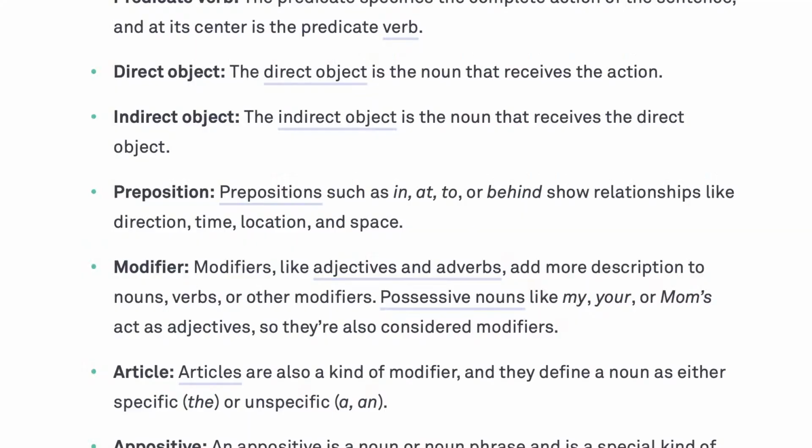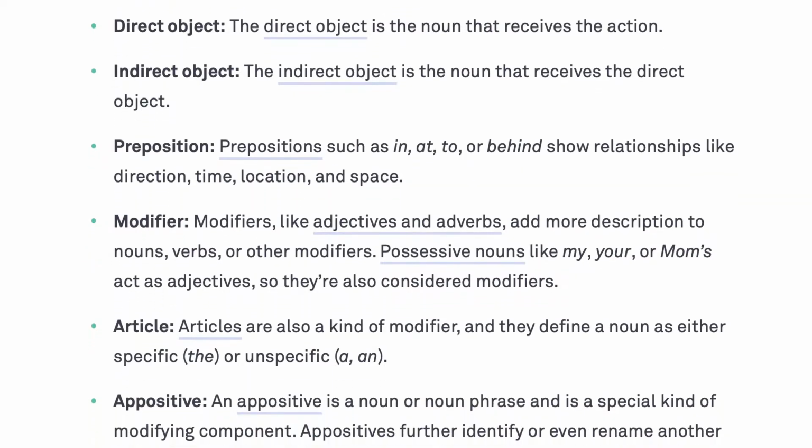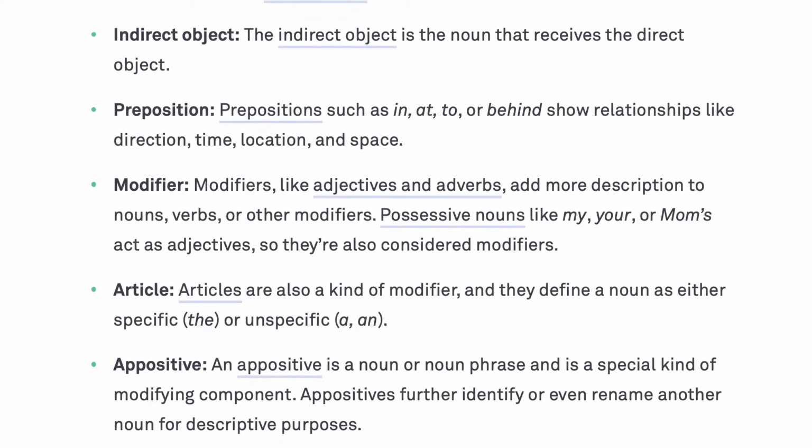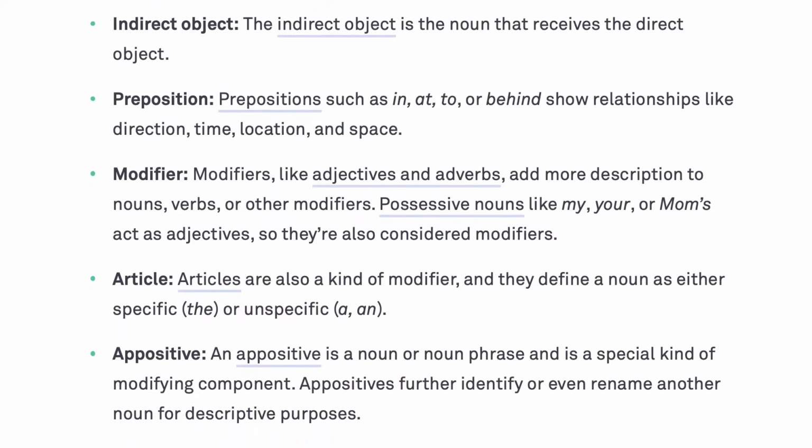But in diagramming a sentence, we really learn about the last two, let's call them cousins of the parts of speech, all right? Close cousins of the nouns, direct objects and indirect objects, okay? So we have all of these steps that we need to take and know, and we know most of it.